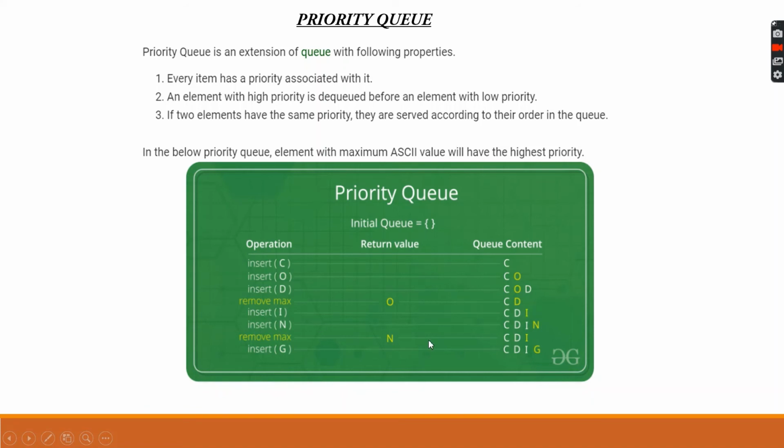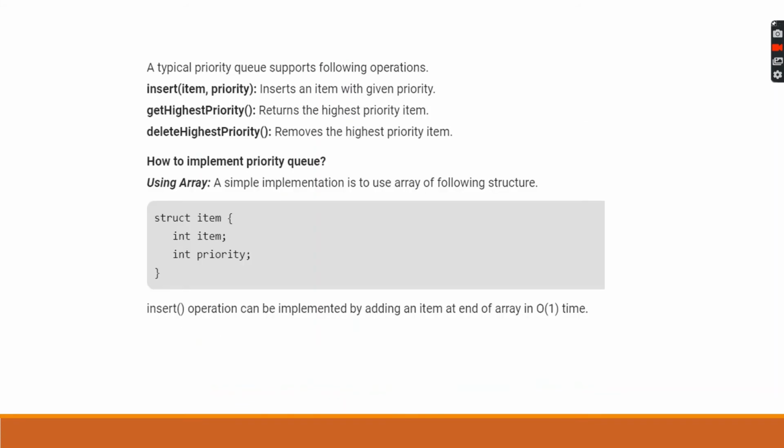Then N is inserted, and we get CDIN. Then once again we remove the maximum ASCII value. This time N is removed. Then we insert G, so it becomes CDIG. So in a priority queue, the most important priority is given to the maximum ASCII value. This is basically an extension of a queue with some particular properties.